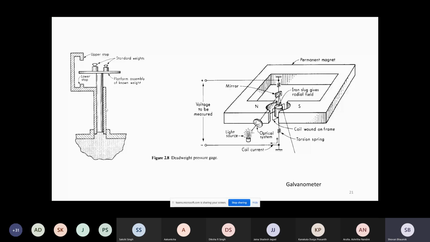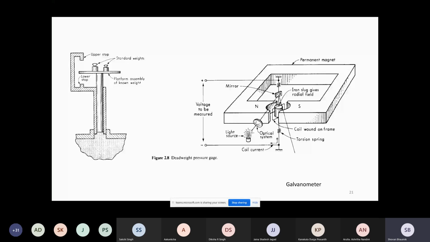There is a piston, and it is immersed in a liquid, and there is a lower stop and an upper stop, and there is a standard weight. The platform assembly is of known weight. Now if there is no weight on the standard platform, what will happen? The buoyancy force of the liquid will push the platform and it will stop on the upper stop. If you put more and more weight, it will go below.